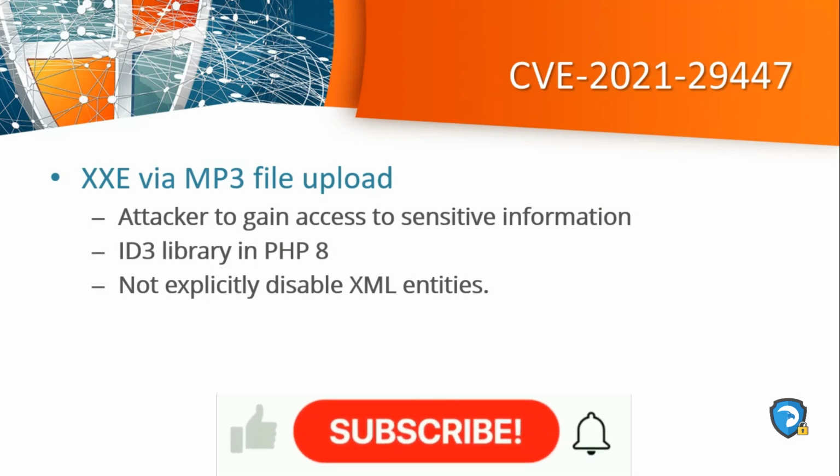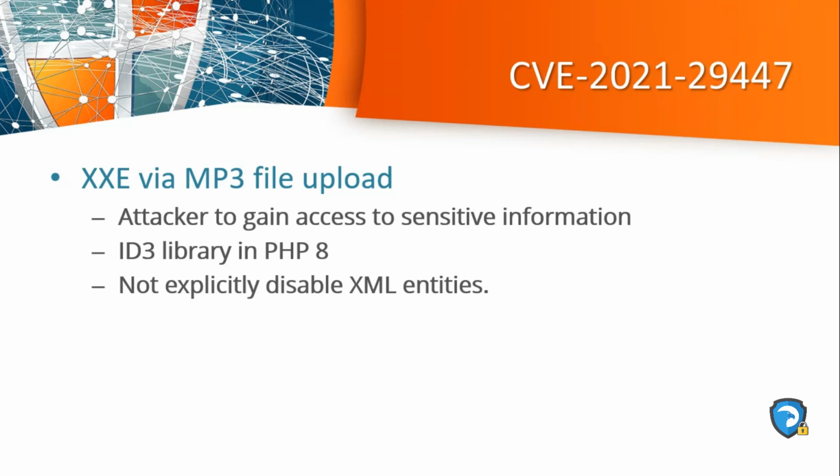Designed to parse the ID3 text from the MP3 audio file, the library did not explicitly disable XML external entities in PHP 8, which is rendered by WordPress 5.7 or older versions, and that is vulnerable to XXE attack via MP3 file upload. As I mentioned earlier, ID3 is used to pass the information about an audio file.